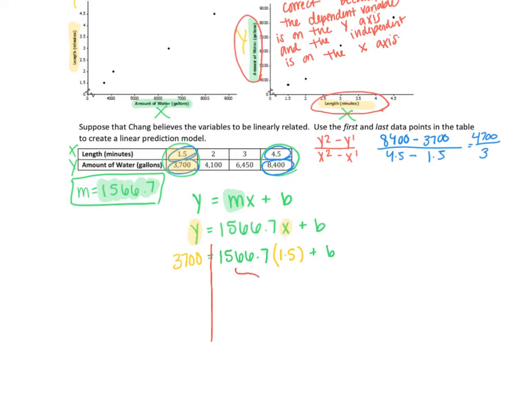First thing I want to do is multiply these two numbers together. 1,566.7 times 1.5, and I get 2,349. I keep everything else the same, keep my plus b, keep my equal sign, keep my 3,700.